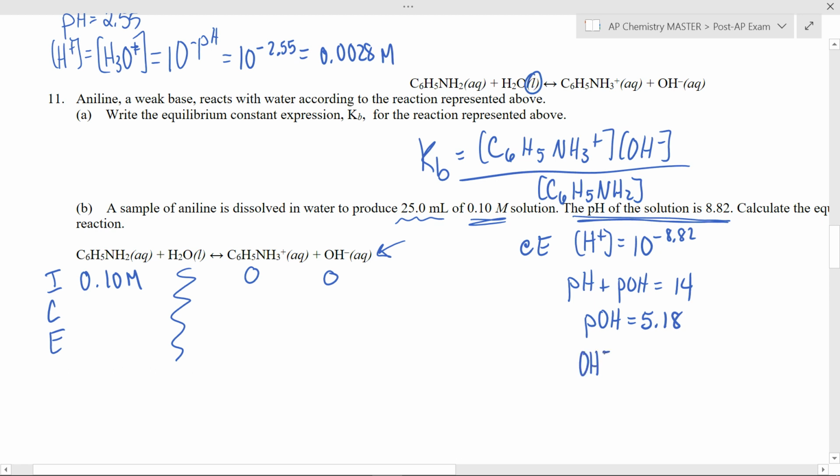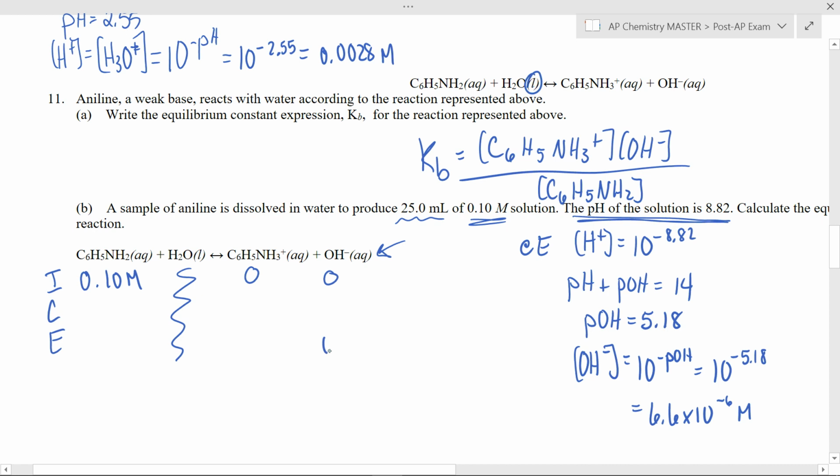And the way that we find the hydroxide concentration, it's 10 to the minus pOH. So if you go 10 to the minus 5.18, I'm going to get 6.6 times 10 to the negative 6 molar.